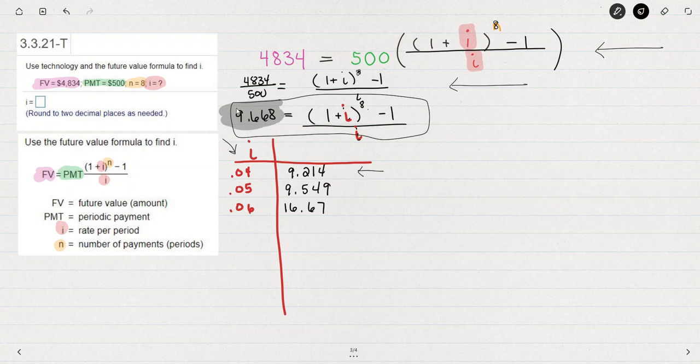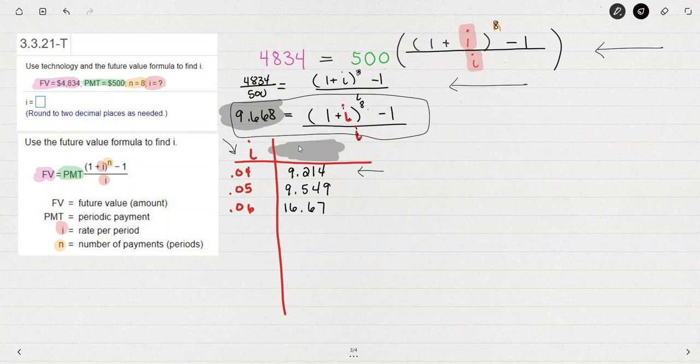Do you see that that's what I'm trying to get here in this column? I'm going to keep plugging in a different I until I get 9.668. When I put the 4/100ths, it's 0.04, in for I.